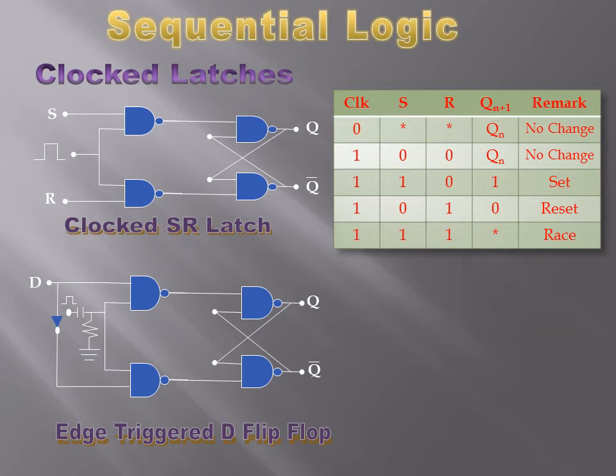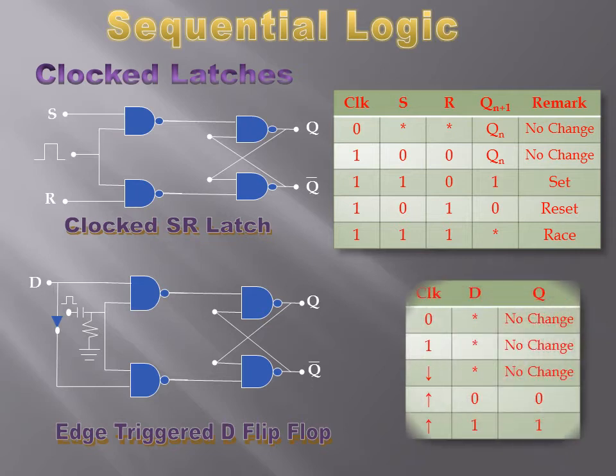So this type of flip-flop, D for data flip-flop, is actually used to store information. If D is 1, Q will be 1, meaning that bit of information will be stored, and if D is 0, Q will be 0, meaning a 0 is stored.